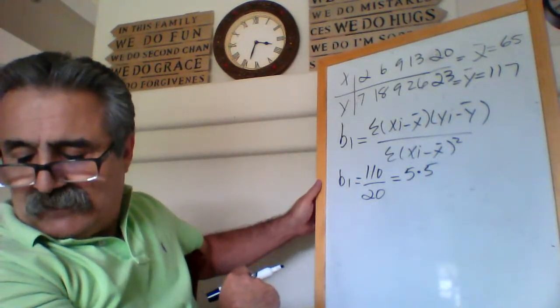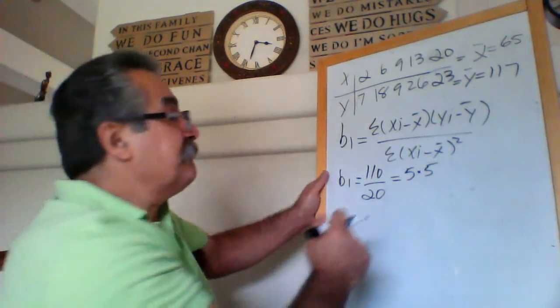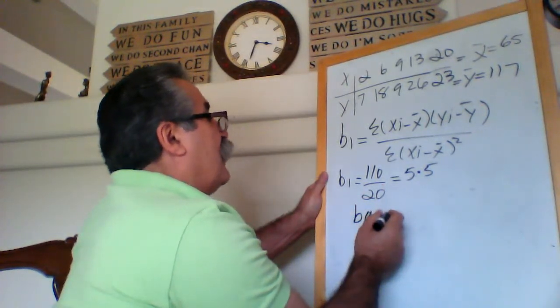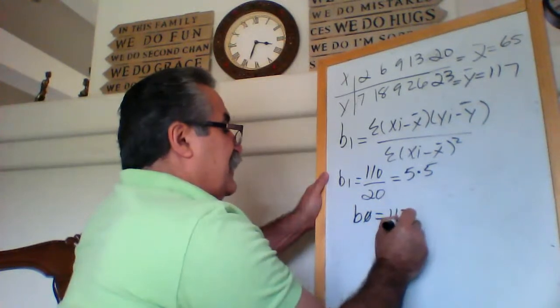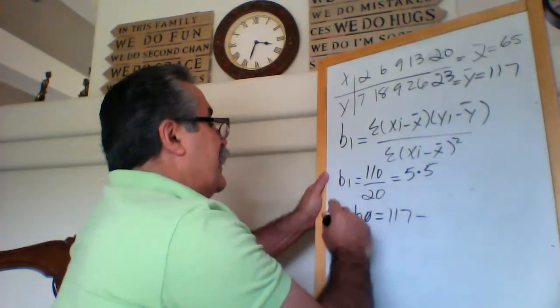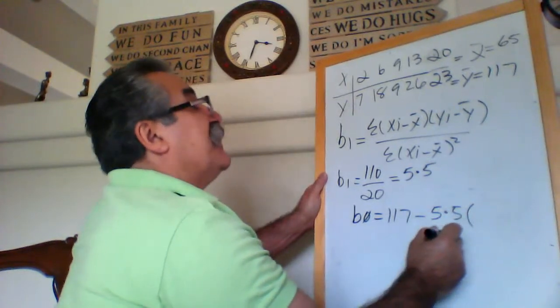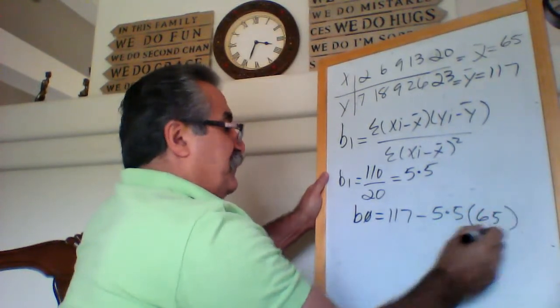And B0 is equal to y bar, which is 117, minus B1, which is 5.5, times x bar, which is 65.